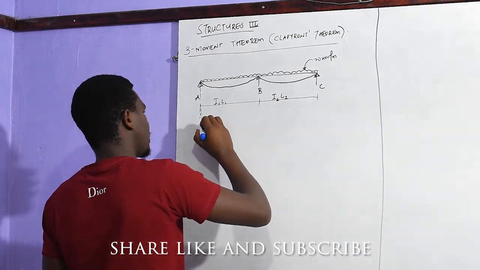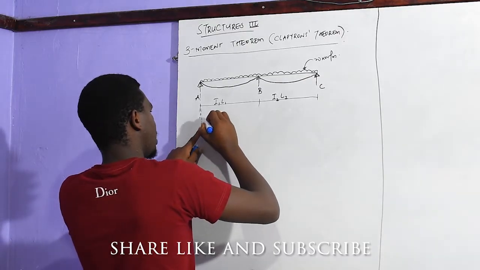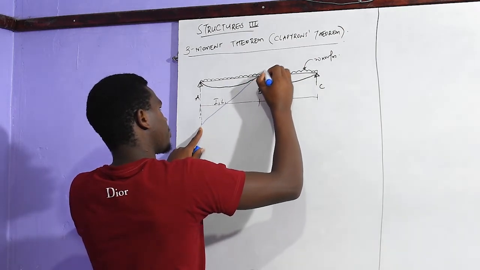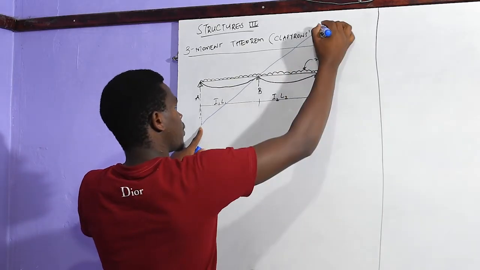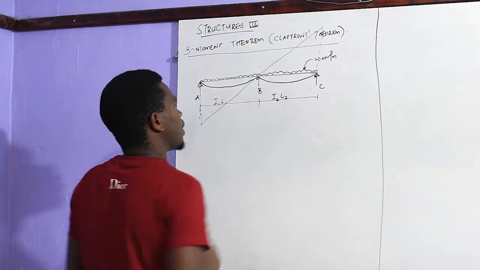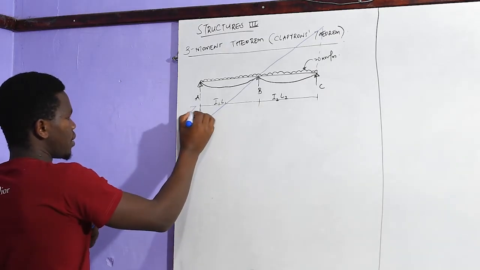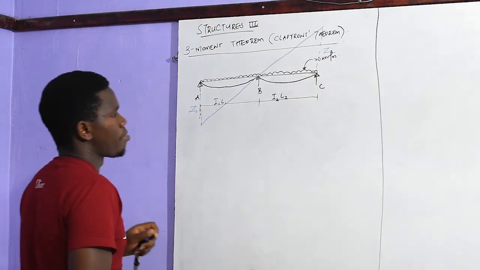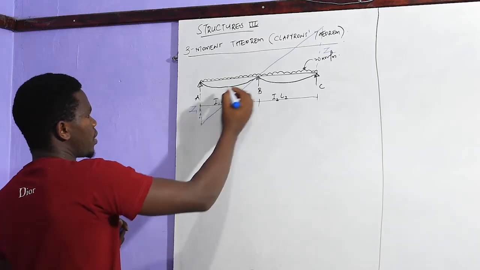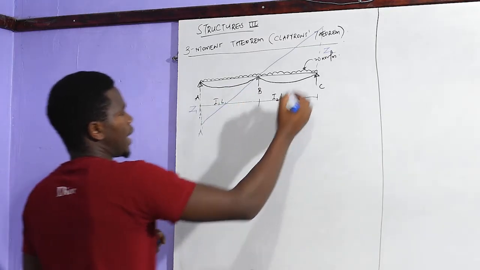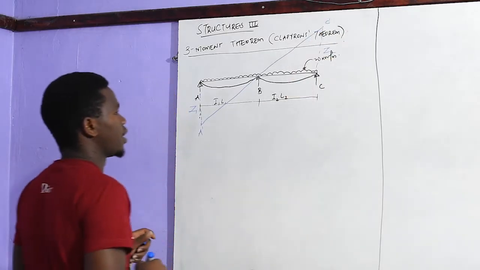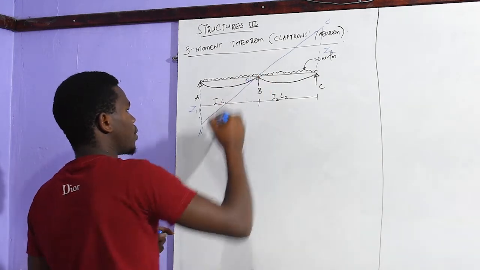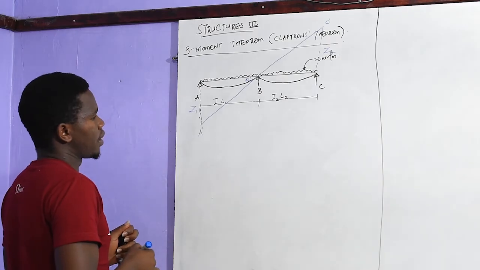If we draw a tangent touching the deflected shape of the beam, passing through point B, call these points Z1 and Z2. Therefore, this one will be A prime and this is C prime. This tangent makes an angle theta with the horizontal axis.